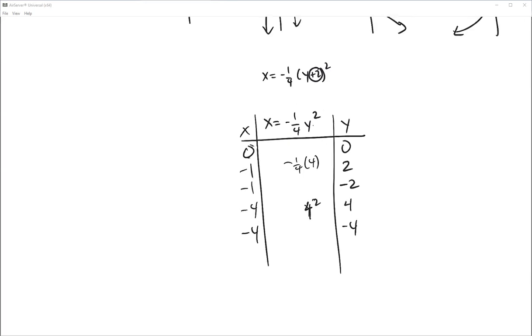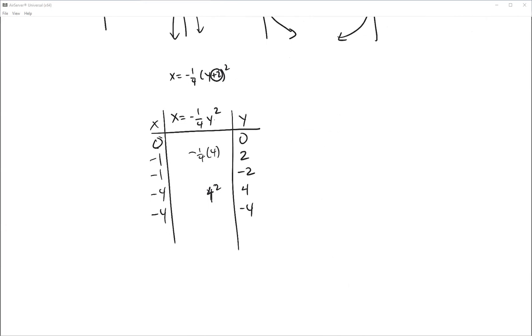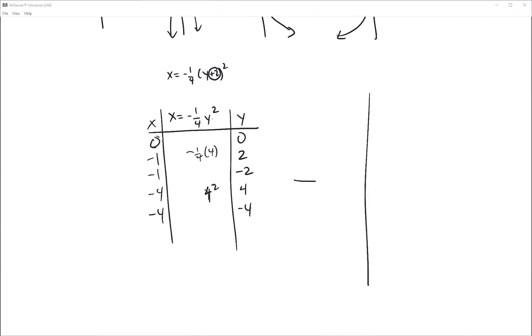Okay, so when I graph this now, it is (0, 0), let me put it in red, (-1, 2), (-1, -2), (-4, 4), and (-4, -4).